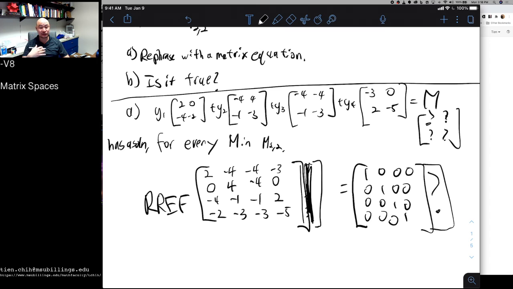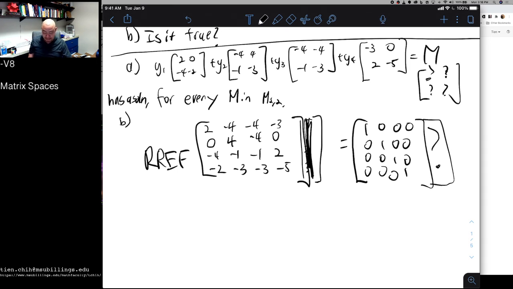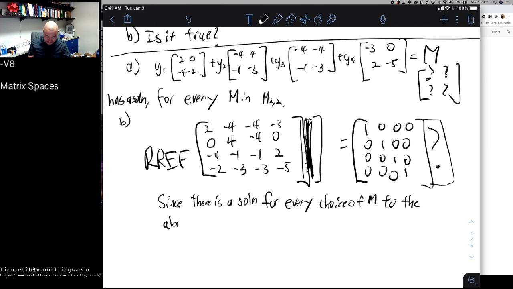And so these vectors do in fact span M22, since there is a solution for every choice of M to the above matrix equation. These matrices span M22.